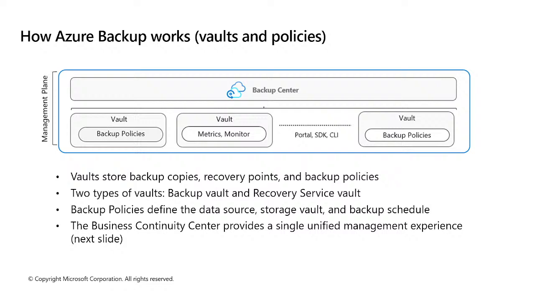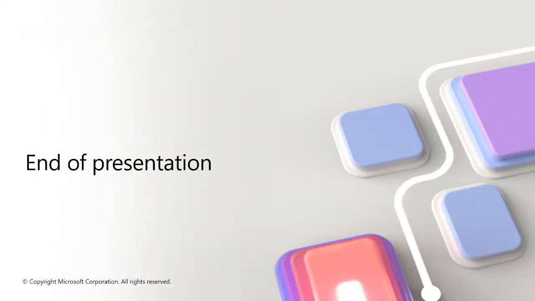And like I said, we had the Backup Center, but now it's called the Business Continuity Center, which gives you a single pane of truth, a unified management experience where you can see every activity related to your backup on all the resources. We are going to be looking at that.